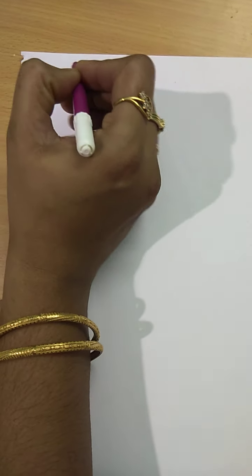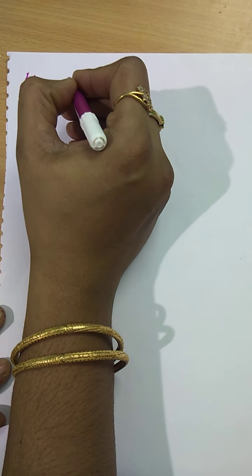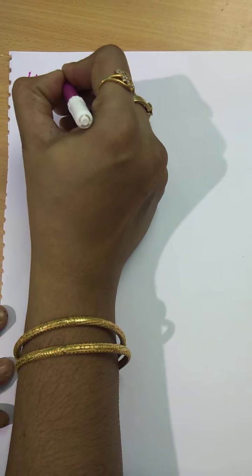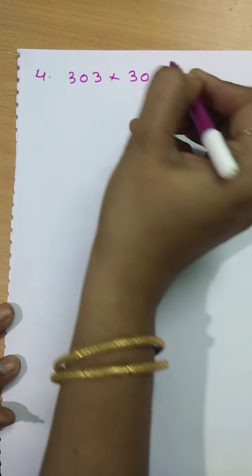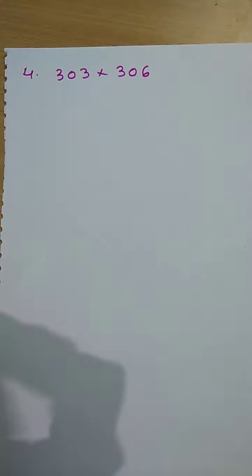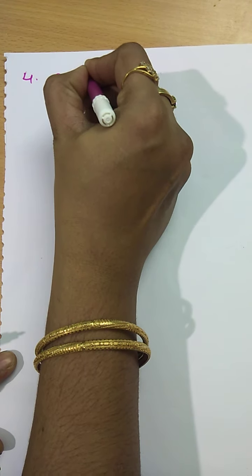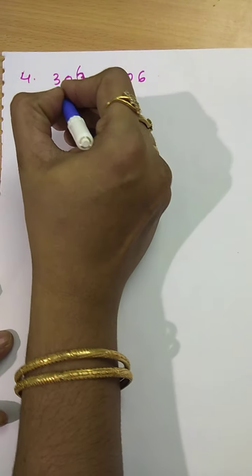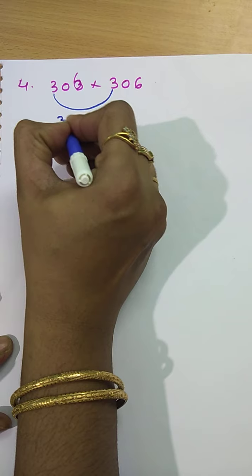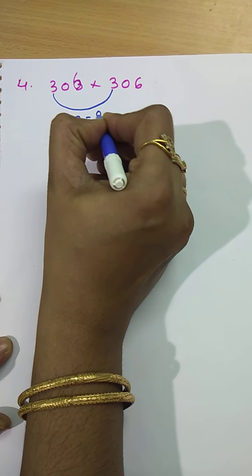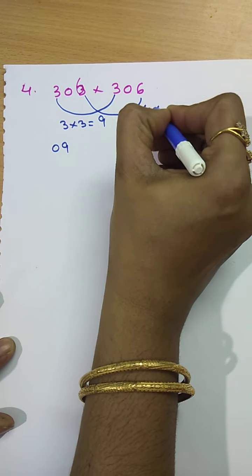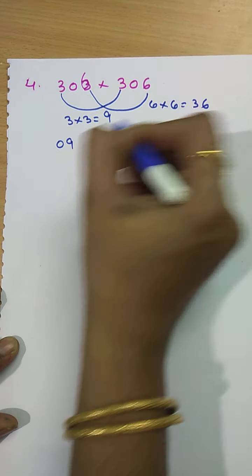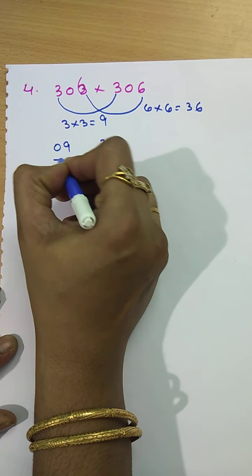Next problem, the fourth one: 306 into 306. 3 into 3 is equal to 9, so write 09. 6 into 6 is equal to 36, write 36.